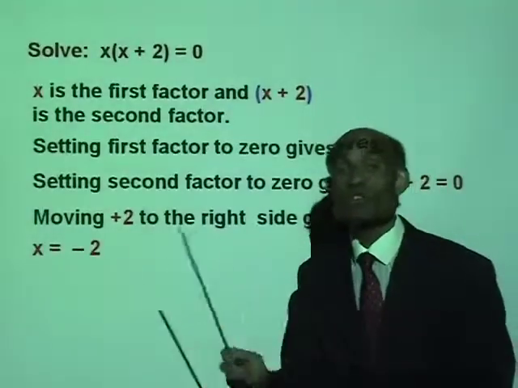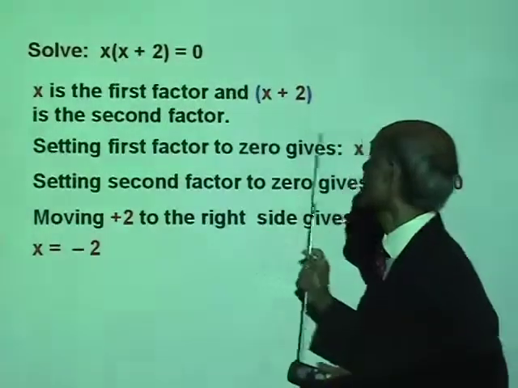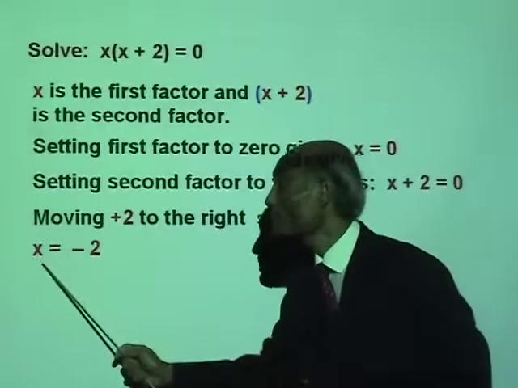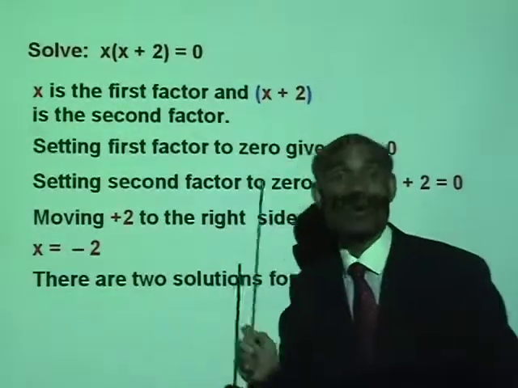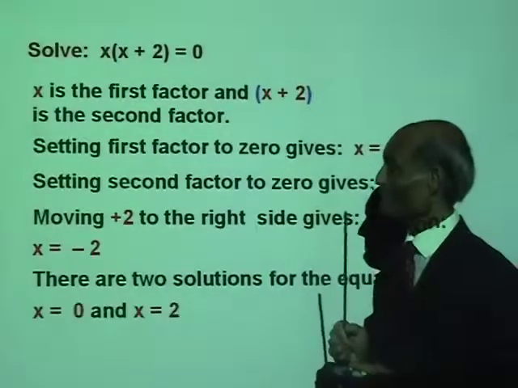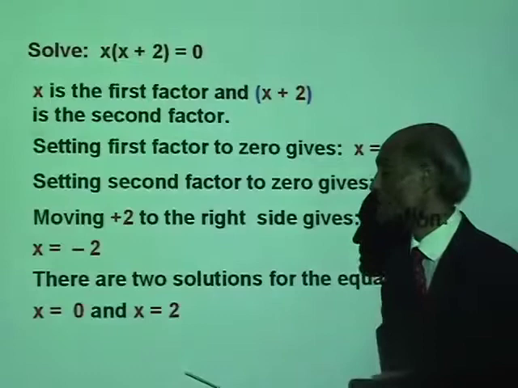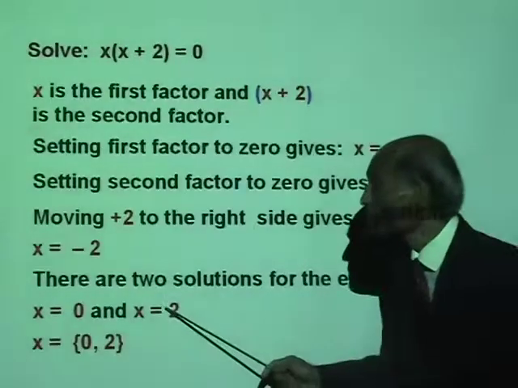So, what are the solutions of this equation? x equals 0 is a solution. x equals negative 2 is also a solution. There you are. x equals 0 and x equals negative 2.